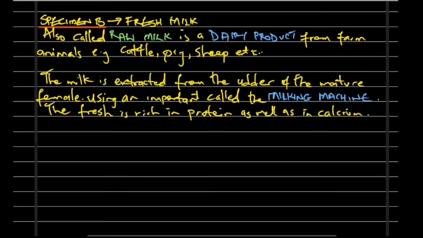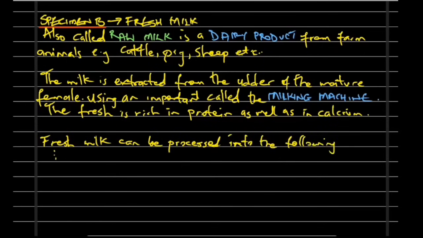The fresh milk can be processed into the following. One, we have cheese. Two, we could have it processed into yogurt. Three, we have processed milk.